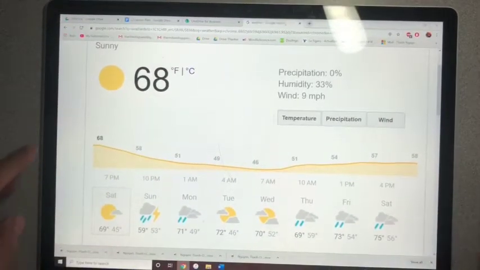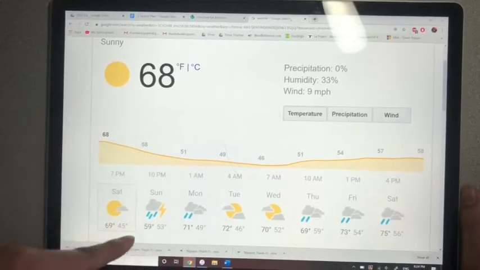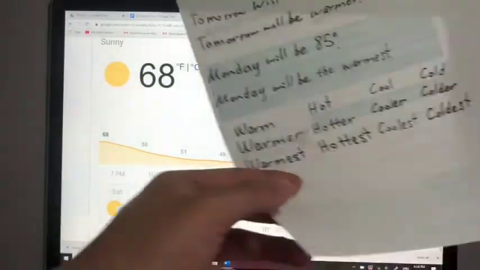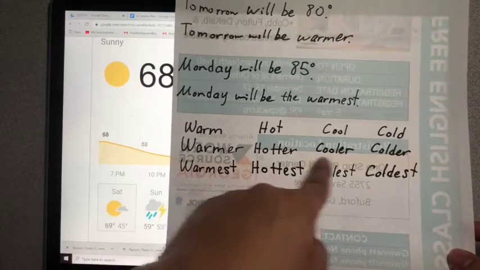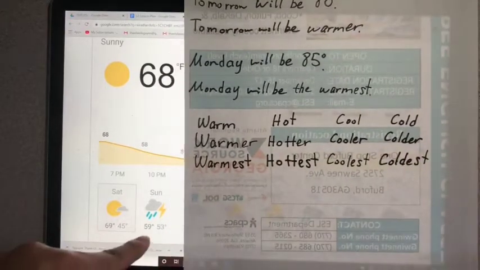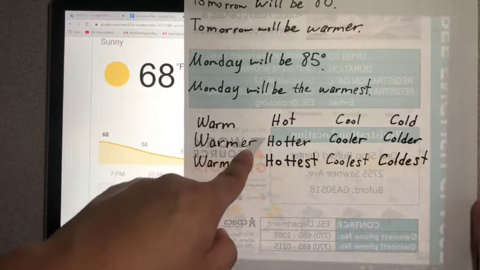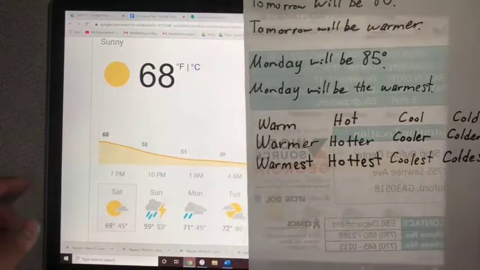So, the temperature right now is 68 degrees. Tomorrow, the temperature is 59 degrees. So if we're comparing 2 days, we use er. So tomorrow, the temperature is lower. So we say the temperature tomorrow is cooler or colder than today.